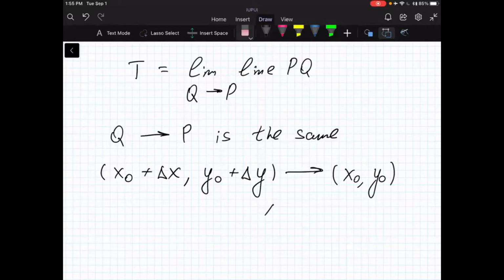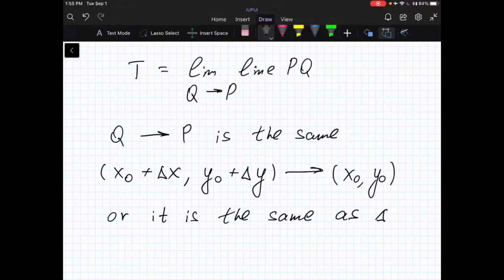So we can see the same as delta. As a corollary, we can see that the statement that Q approaches P is the same as delta Q, sorry, delta X goes to 0.